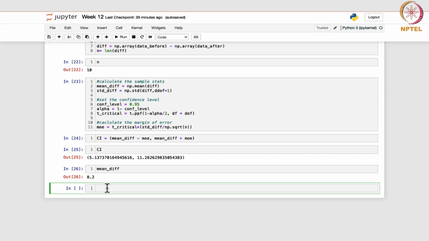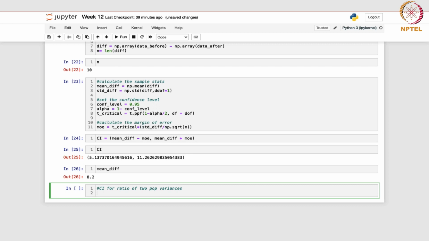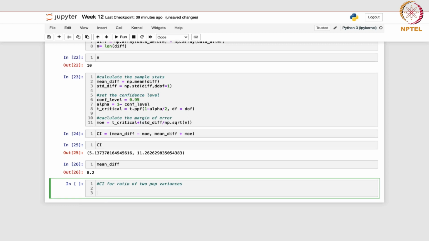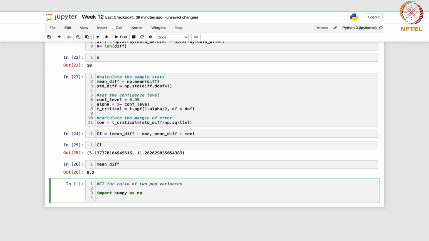Now we are going to look at the confidence interval for ratio of two population variances, sigma 1 square over sigma 2 square. So in this case, we need to import numpy. So let us rewrite it.